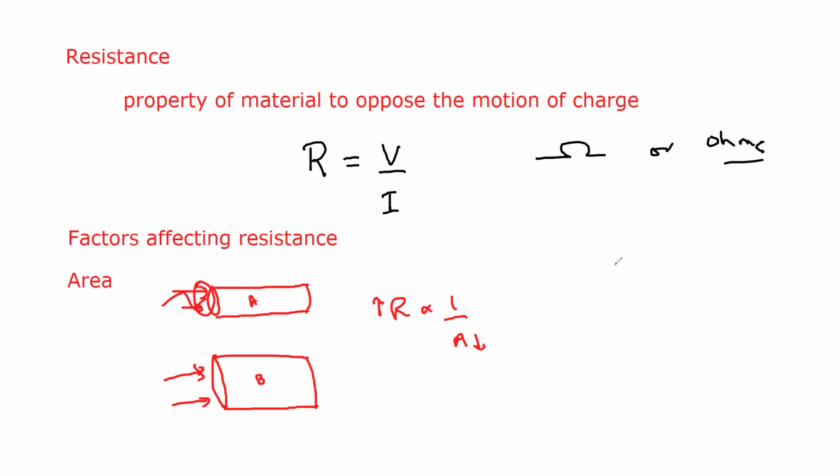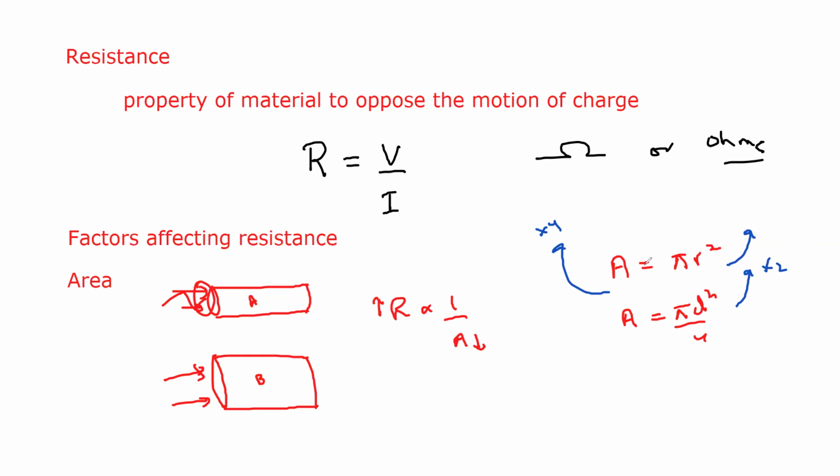And if you want to find the area of the cross section of the wire, area is pi r squared, or you can also use pi d squared by 4. For example, if we double the diameter or the radius, what will happen to the cross-sectional area? It will increase by 4 because it varies with the square of the radius and diameter.